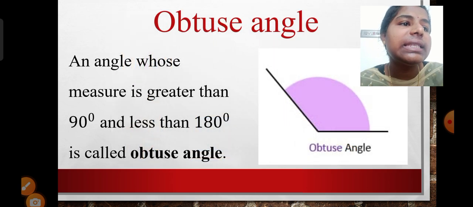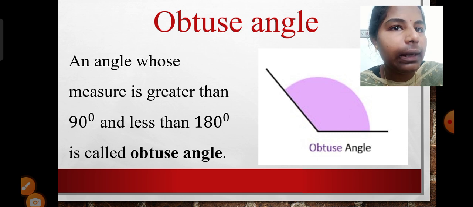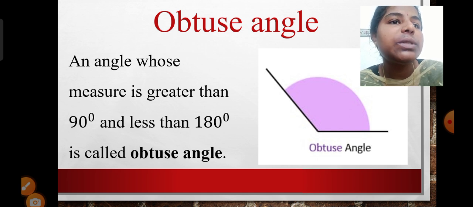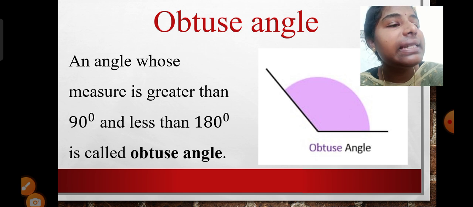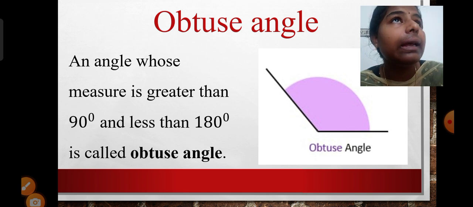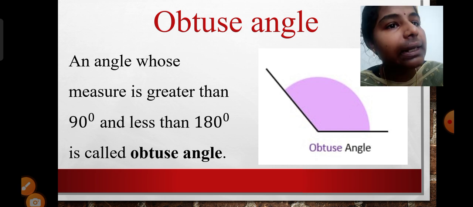Then next we can see the obtuse angle. The definition: an angle whose measure is greater than 90 degrees and less than 180 degrees is called an obtuse angle. In a right angle we saw exactly 90 degrees, so exactly 90 should not be there, but greater than 90.